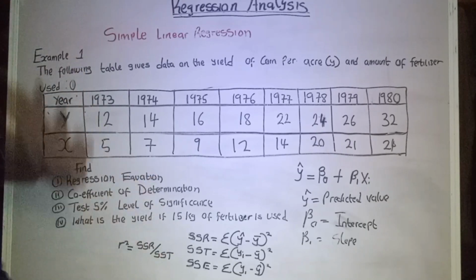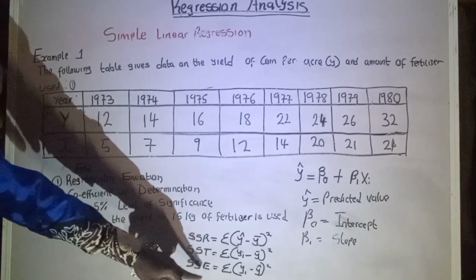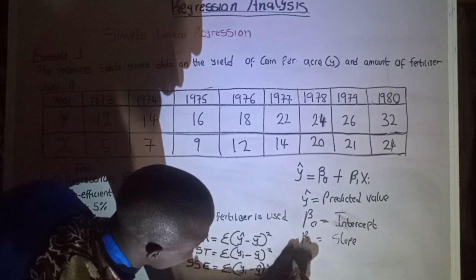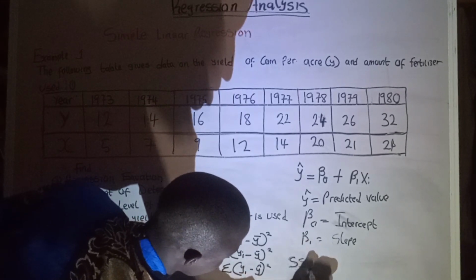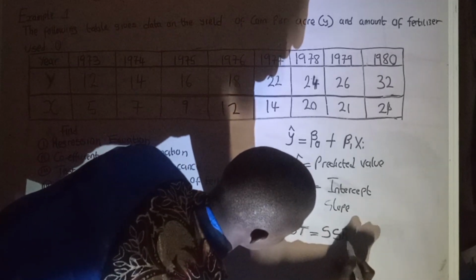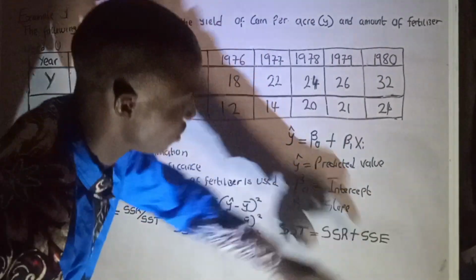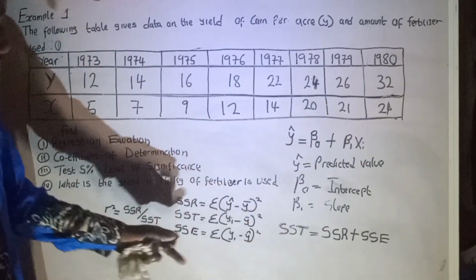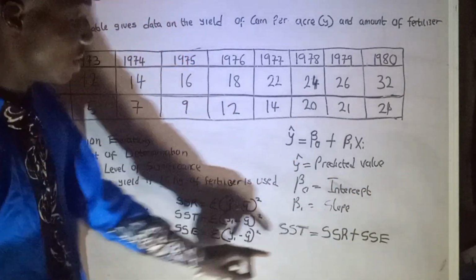However, if you want to get the error, you can proceed to get it, because there is a relationship between the total sum of square, the sum of square due to error, and the sum of square due to regression. SST is also given by the sum of square due to regression plus the sum of square due to error. Therefore, if I know the value of the sum of square due to regression and the sum of square due to error, I can proceed to get the total sum of square.